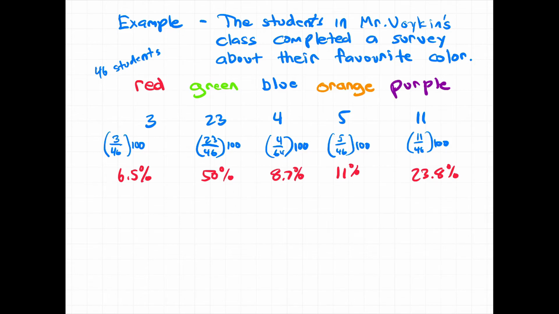Now, these numbers aren't exact, except in the case of green, because 23 over 46 is exactly 50%. The other values have just been rounded to make this total come out to 100%. So if I add all of these together, I should get 100%.